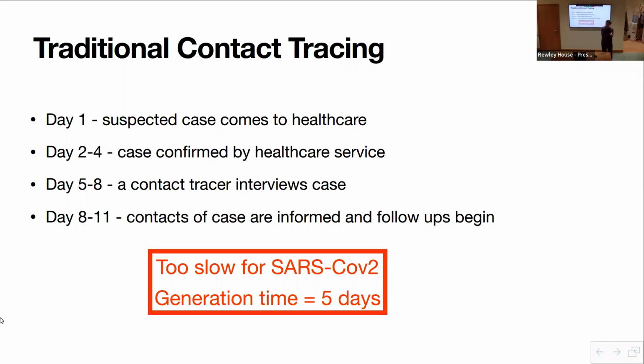Again, it takes a bit of time for this to happen, because someone will be coming down, sitting down and spending 2 to 3 hours talking to the person to get a bunch of information, trying to work out who that person potentially contracted the infection from and who they could have spread it to already. Once that is done, the contact tracer then needs to go and talk to all these other people who have been potentially exposed to the infection as well. Again, that is all done manually.